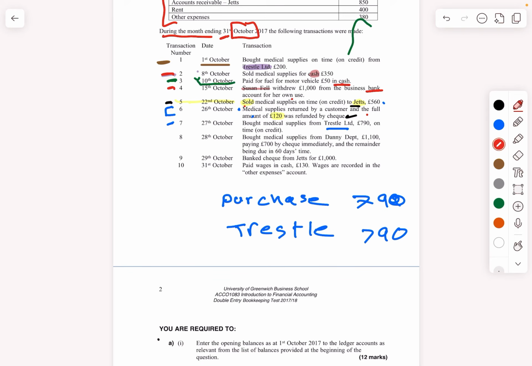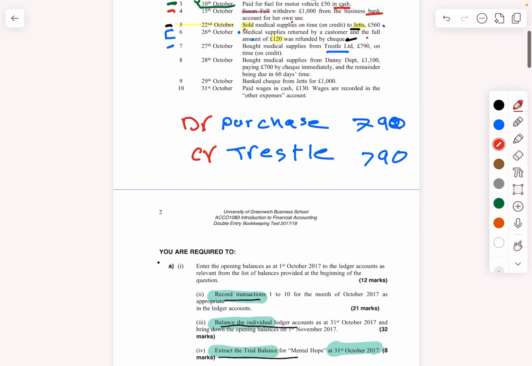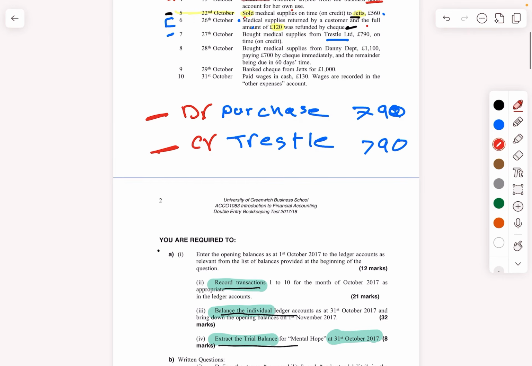Purchase is an expense, and it means we received more medical supplies, so it's debited. Treasures gave us the medical supplies, so he gave them away to us, so it's credited 790. We already have a purchase account, we already have a Treasures account, so we go and include these transactions.